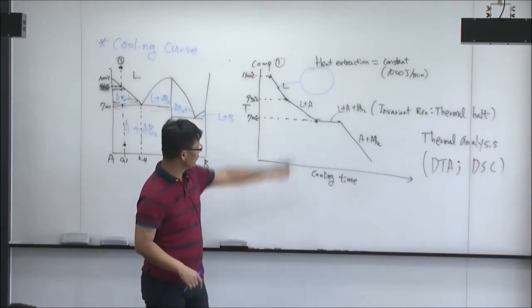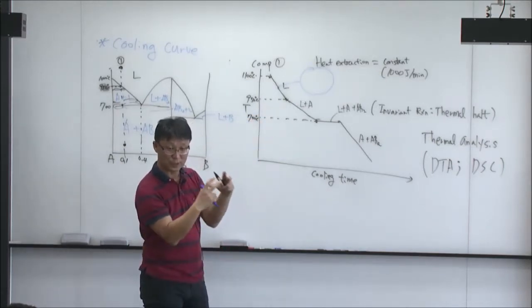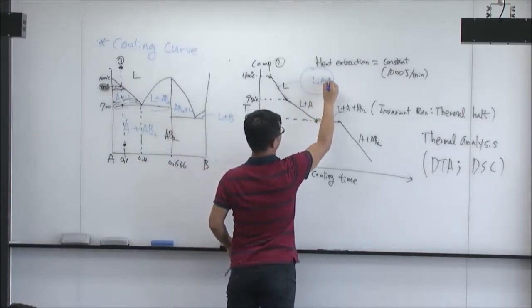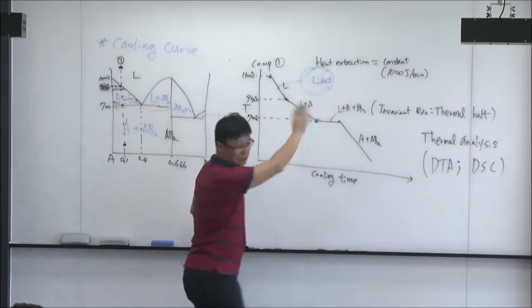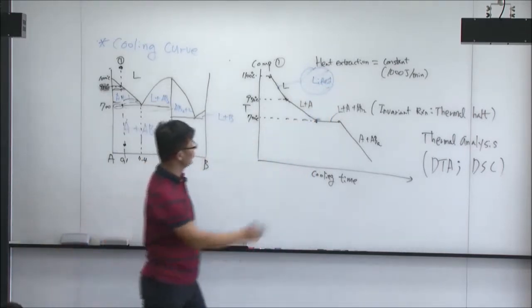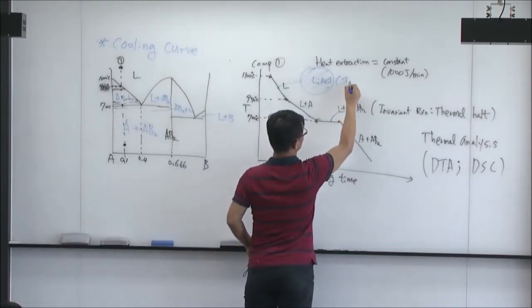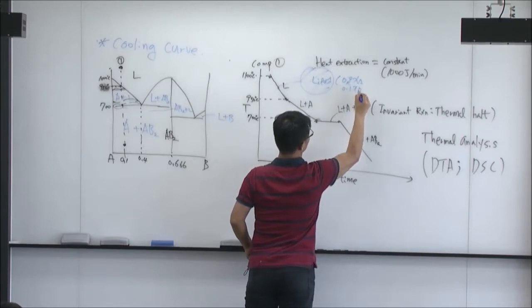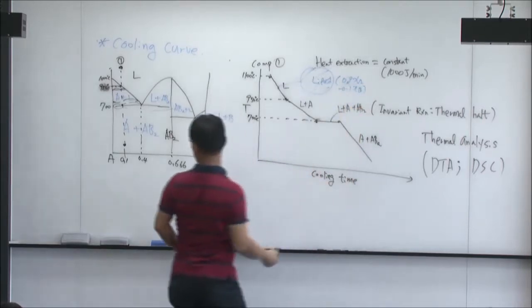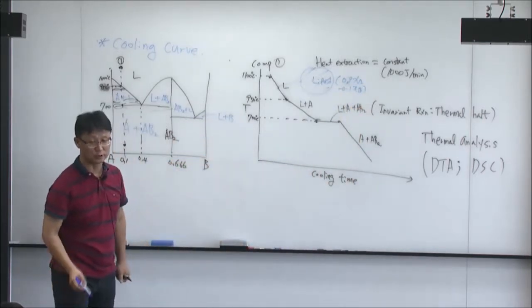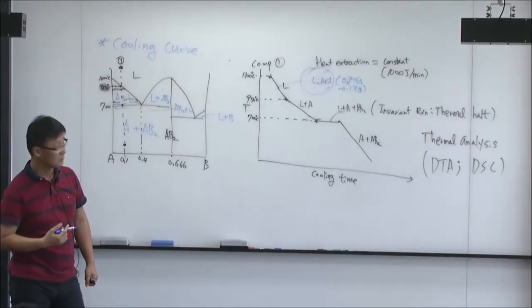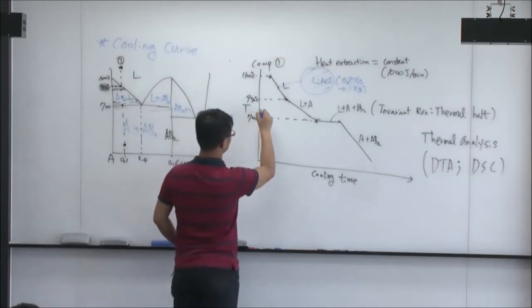But if I give a circle, you have to show what the actual phases inside the circle are. So this is 100% liquid, nothing else, with the composition of the liquid. That's the microstructure I want from you as the answer.